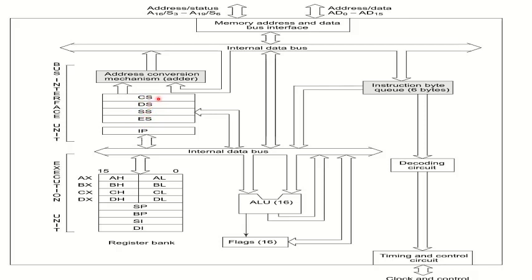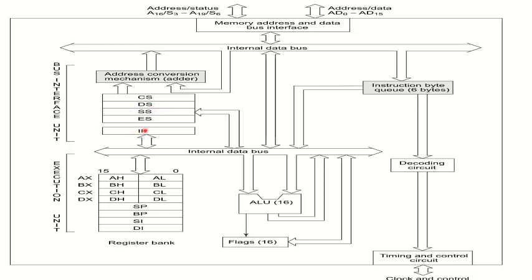To store the code, we have the code segment; to store the data, the data segment; to store temporary data, the stack segment; and to store excessive data, the extra segment. The 8086 microprocessor supports a multi-user configuration, because multiple users can access the memory. This is the main advantage of the 8086 microprocessor and the memory segmentation process. So this is all about the functional units of the bus interface unit.